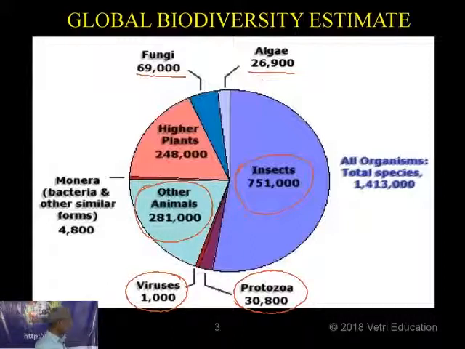Monera, bacteria and other similar forms, that number goes to 4,800. All organisms, the total number of species, is 14 lakhs 13,000 species, the total number of species that we have identified and labeled. So this is the global biodiversity estimate, a rough estimate.